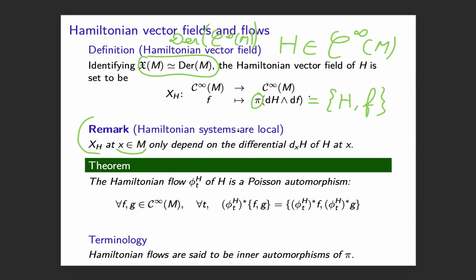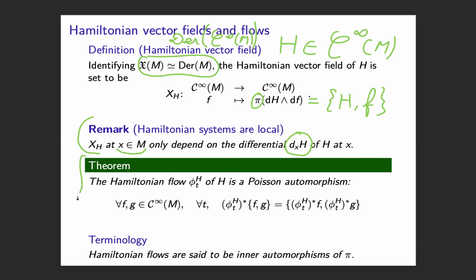So it does not depend on the value of H at the point x, and it also does not depend on higher derivatives of H. It only depends on the first derivative at the point. It's a local property. It is very important, and it captures some locality property that is very important in physics.